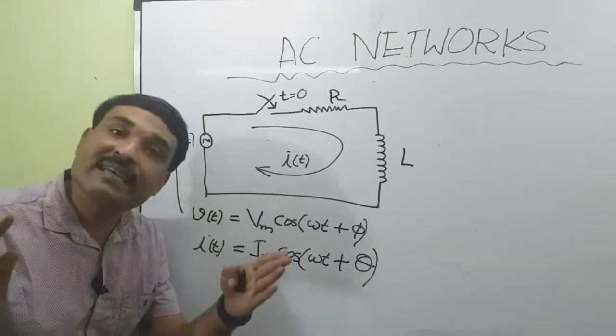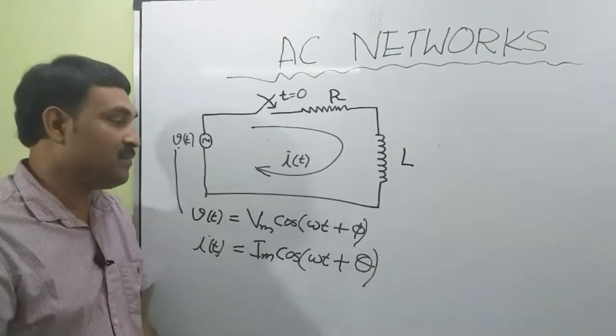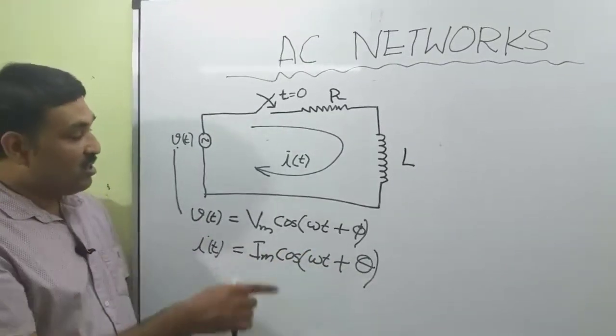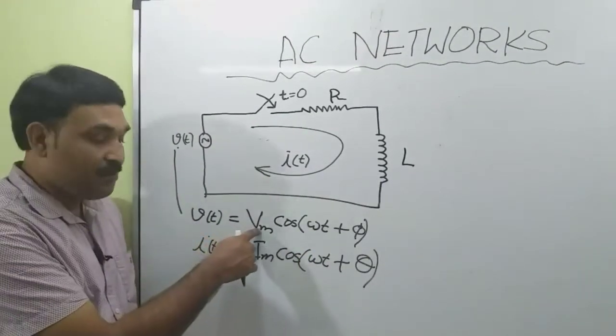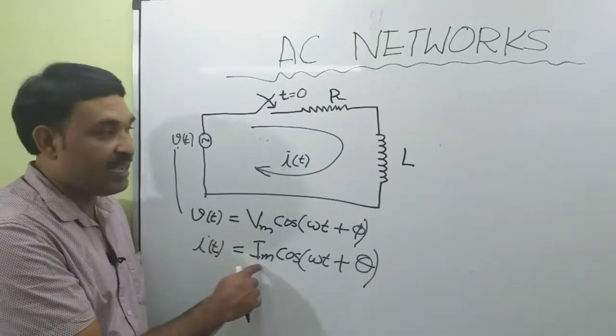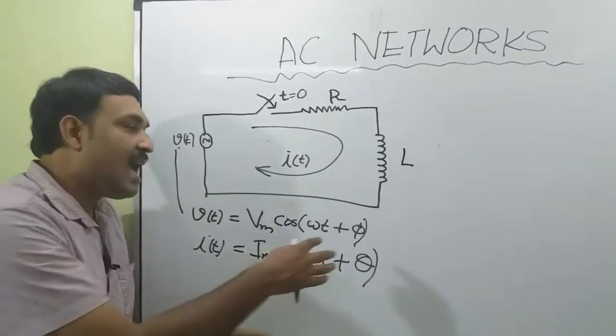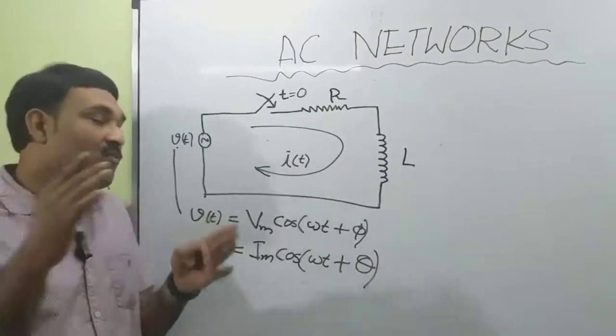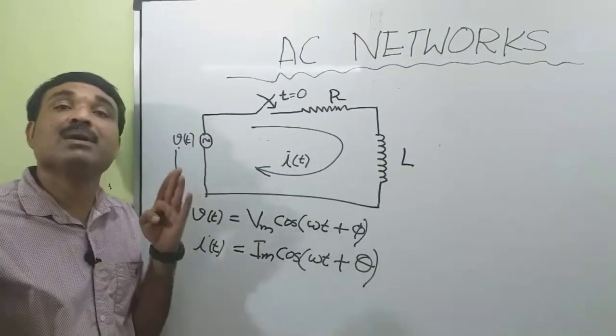There is no change in the frequency of the response, but the amplitude and phase angle change. For voltage the amplitude is Vm, and for current the amplitude is Im. This is the maximum amplitude, and phi and theta are the phase angles for voltage and current respectively.